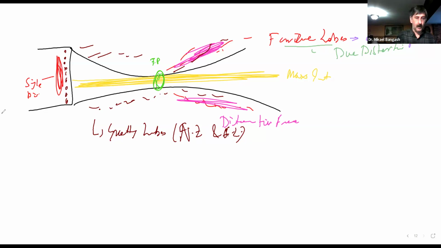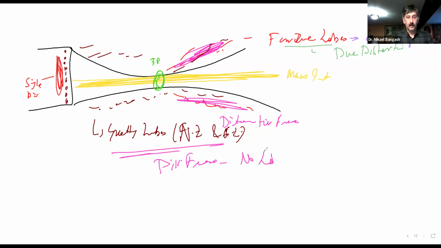But because harmonics are distortion free, we will not have that distortion or loss of energy from the beam which produces the loops. And that means there will be no loop artifact.